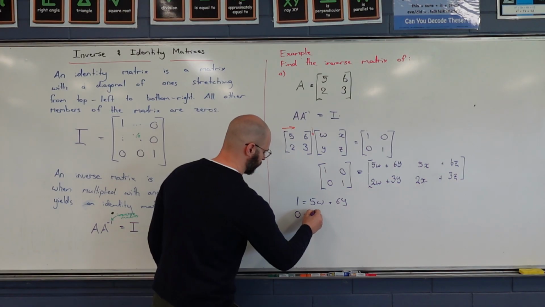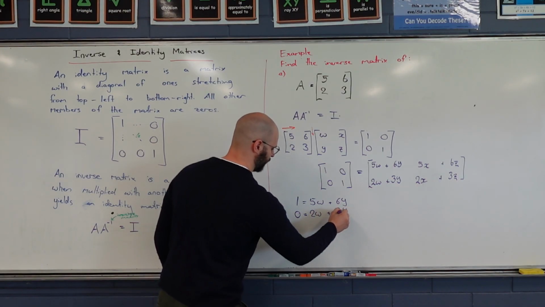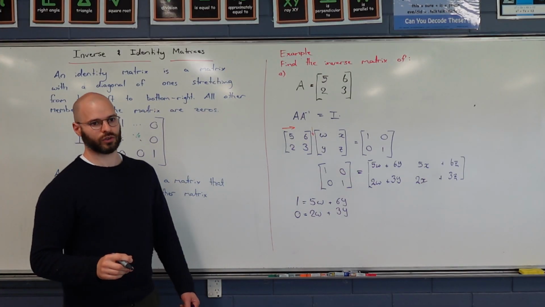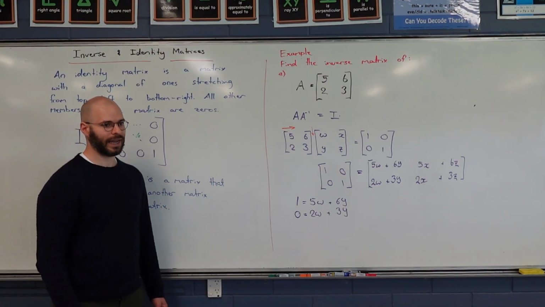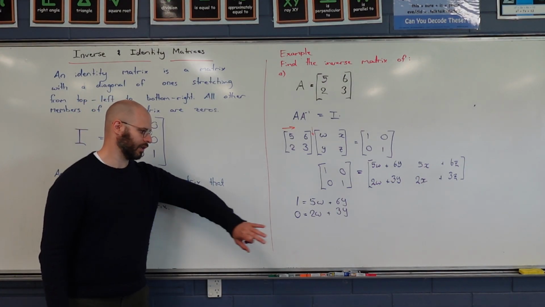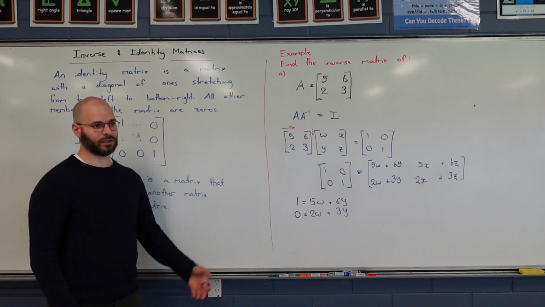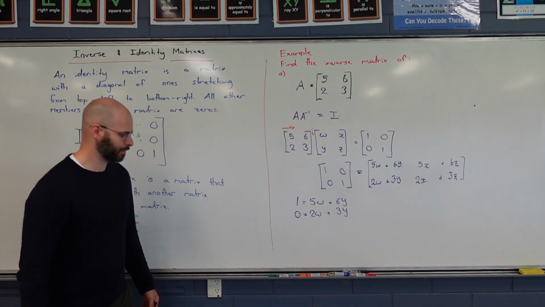So we get 2W plus 3Y. At this point, you have two choices. You can solve simultaneously using whatever method you like. My recommendation would be to use elimination, or you can use your calculator. I'll show you on your calculator after.